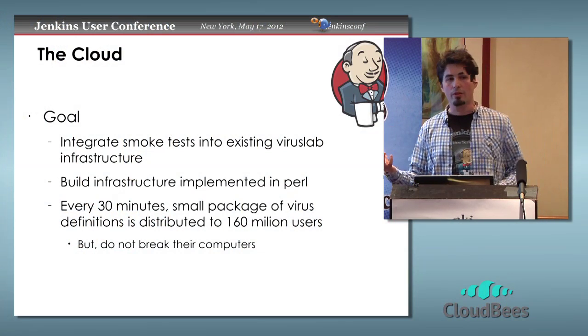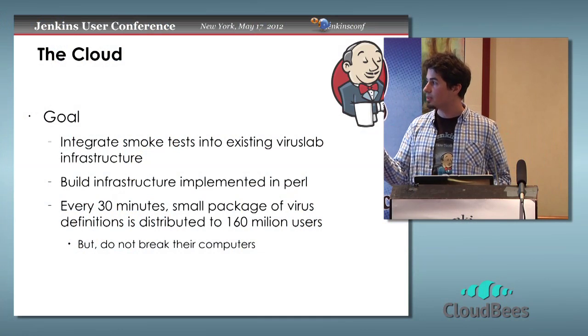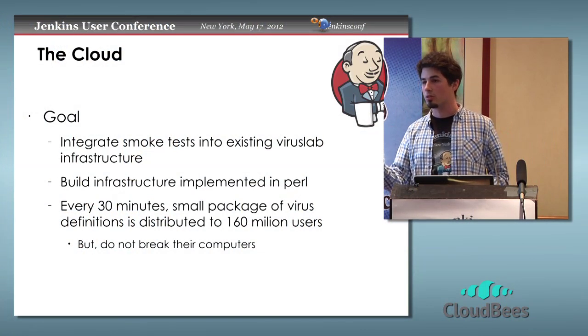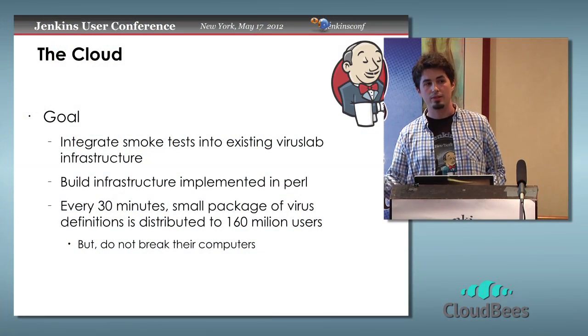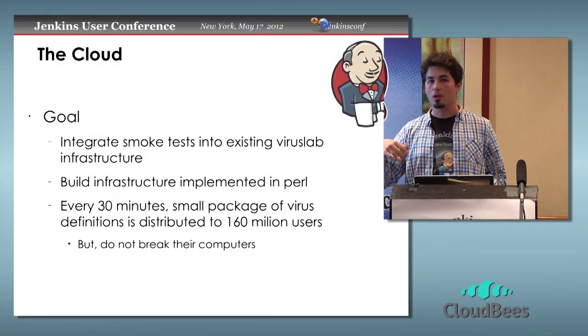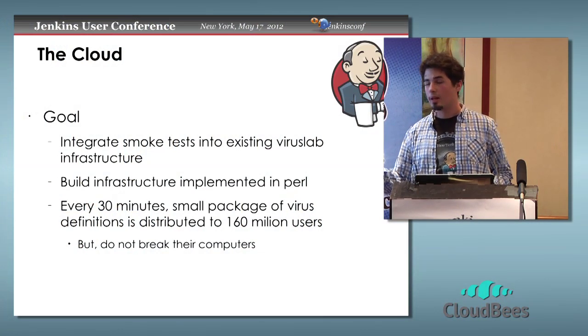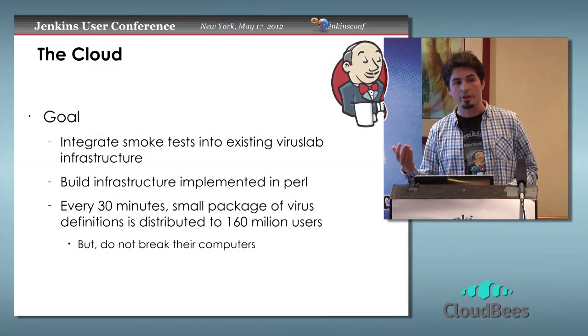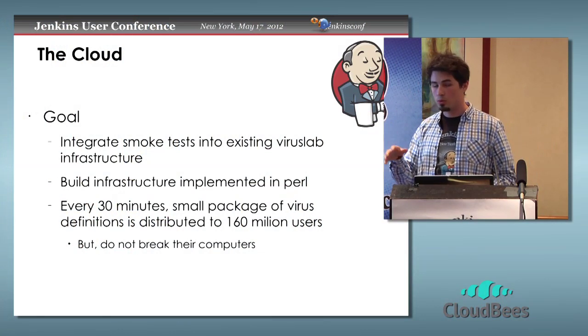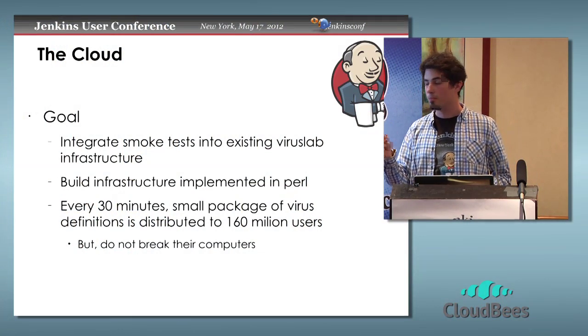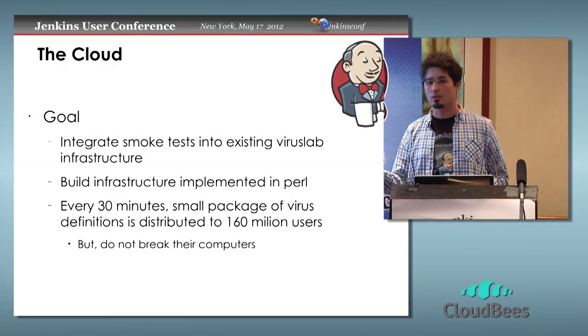And what they do, every 30 minutes, they release a small binary package of virus definitions, and this binary package is distributed to our users all over the world. And we must not break their computers. We could easily do that with a malfunction in virus definitions.